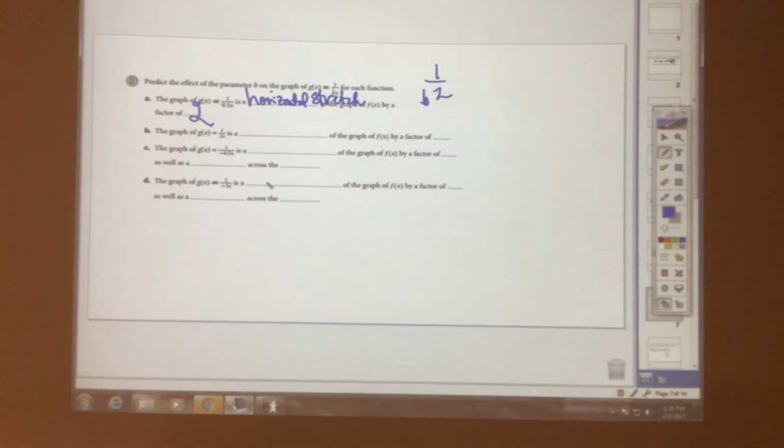The graph of g of x equals 1 over 2x is a horizontal compression by a factor of 1/2.